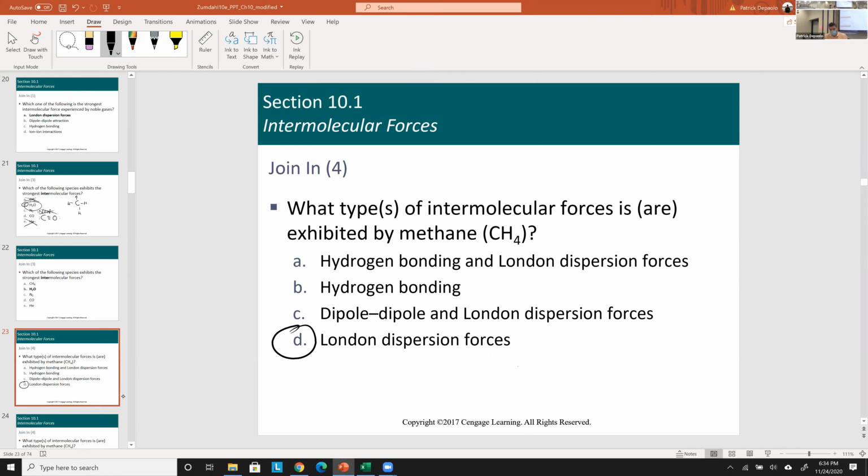Everything else is polar. Now, here's something interesting. Technically, everything has van der Waals, or I call it van der Waals. Van der Waals and London dispersion are the same thing, but we call it van der Waals in biology. So London dispersion forces are in every molecule.